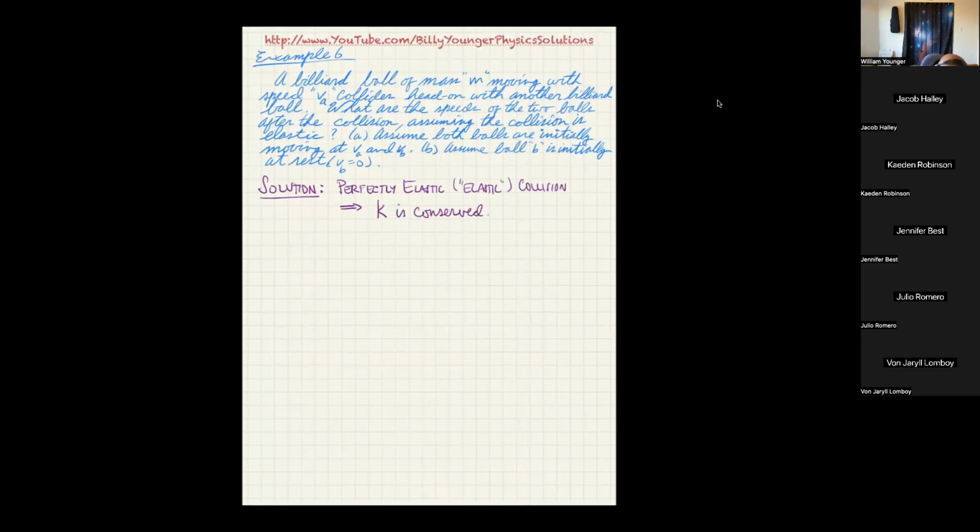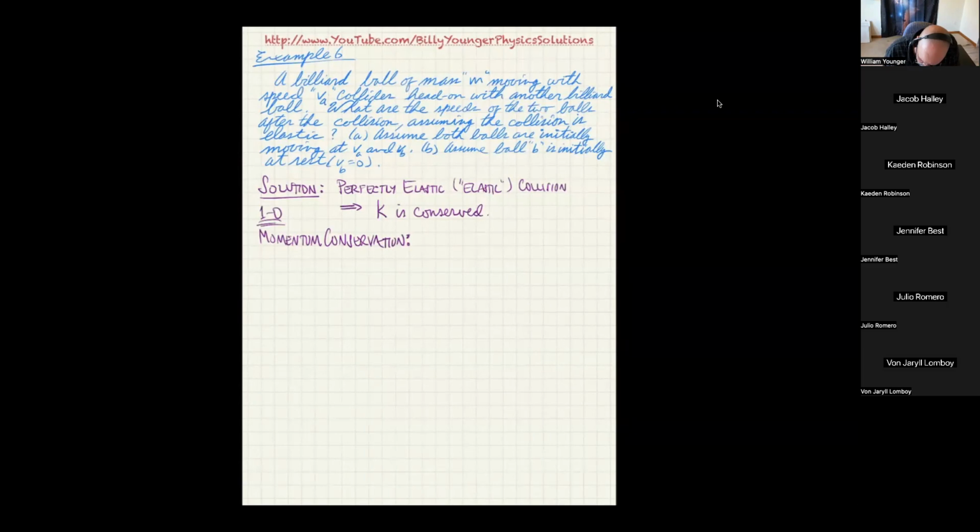So in addition to momentum conservation, which gives us literally, I'm talking about 1D here. So this will be a 1D collision.